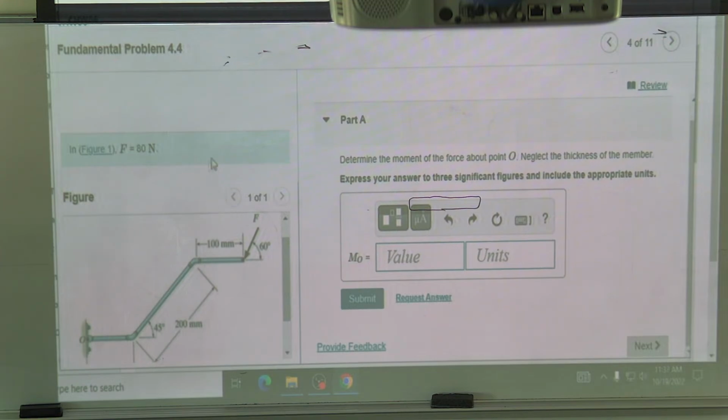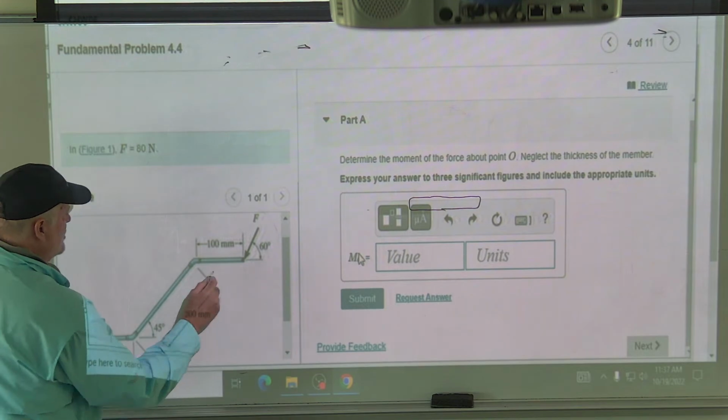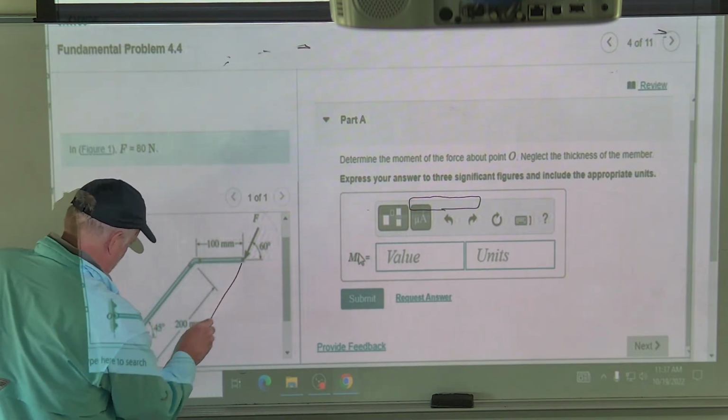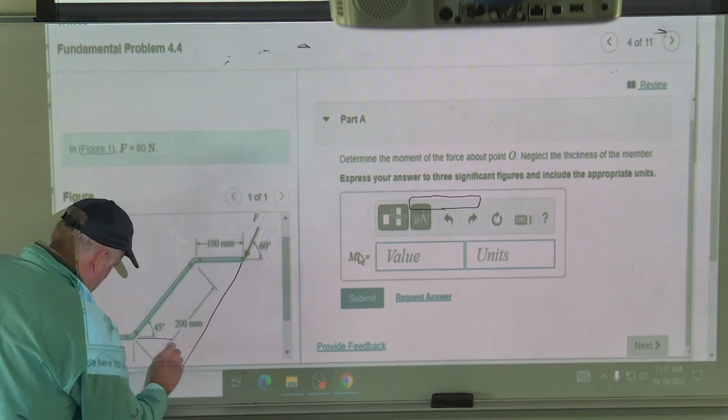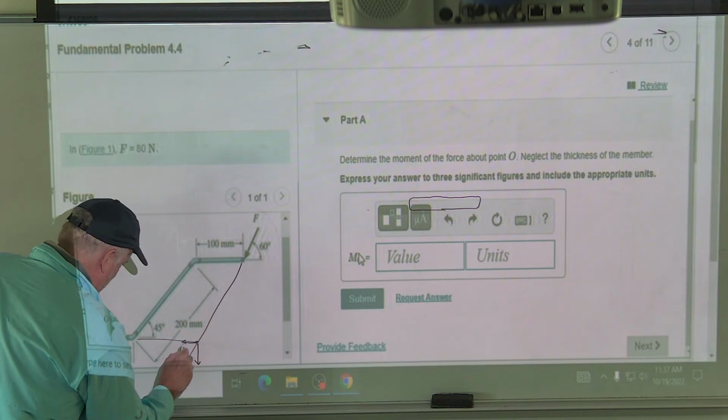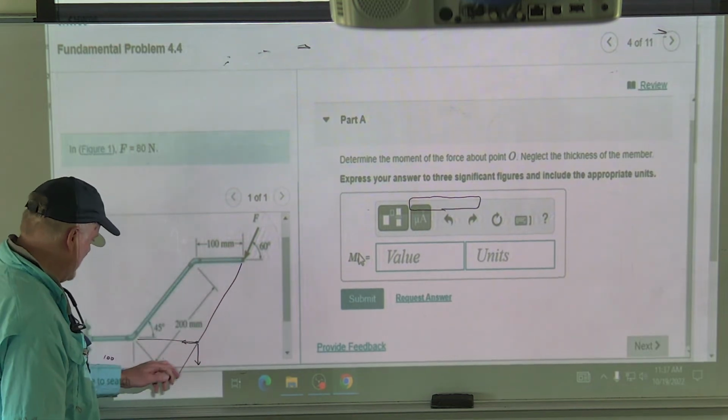It doesn't allow me to move that bar up. So this is 100 millimeters. So essentially, you could do this. There's a couple of things you could do. You could work it the hard way and try to figure out that distance, and then you'd only have that one. Because this one, you can move the load down here.